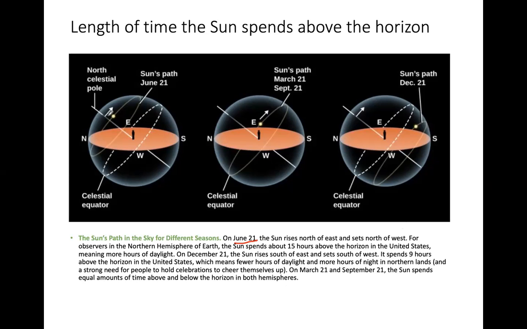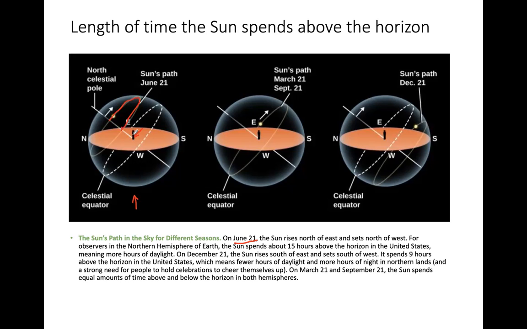So in this diagram you can see where you are sitting right here, and here is the sun in yellow. The sun rises from this side, so it should be north of east, and sets north of west. You can see that the sun rises from here and then goes along this path and sets from here.